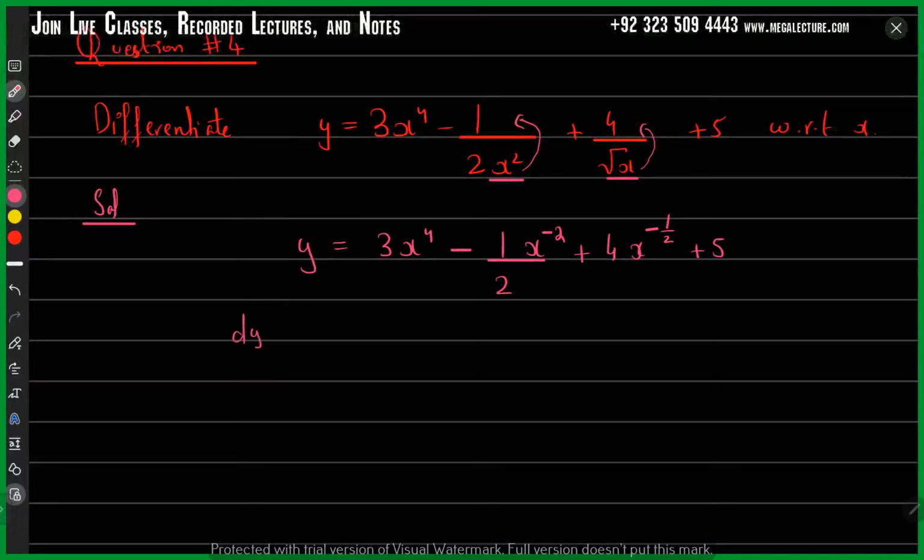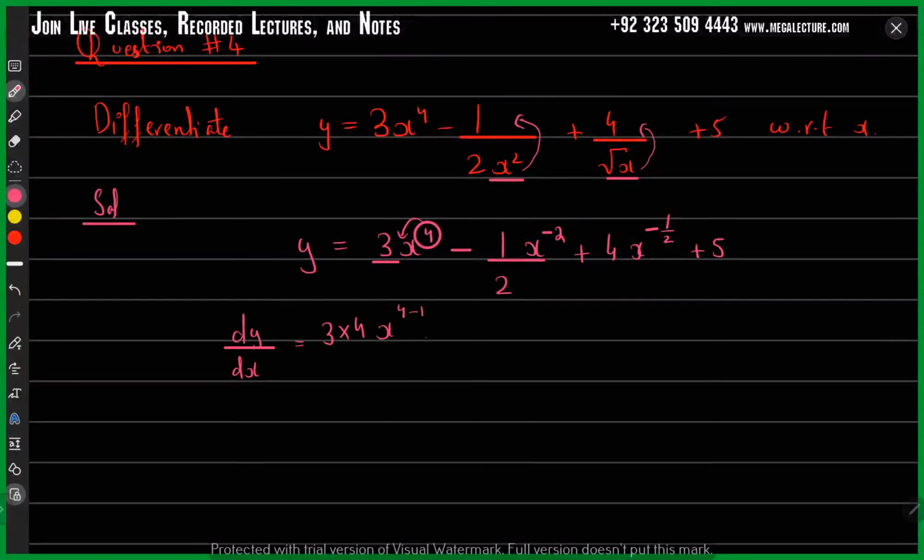dy by dx, this is the notation of differentiation. This number is going to come as it is, and this 4 is going to be multiplied over here, and we have 4 as old power, so I'll do minus 1.